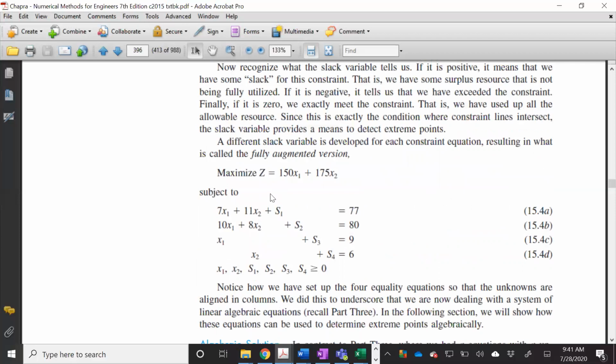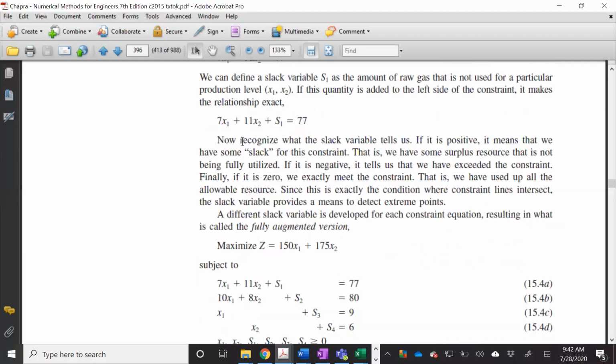The difference between the graphical solution and the simplex method is that under the simplex method, you need to add the slack. Recognize what the slack values tell us: if it is positive, it means we have some slack for this constraint.